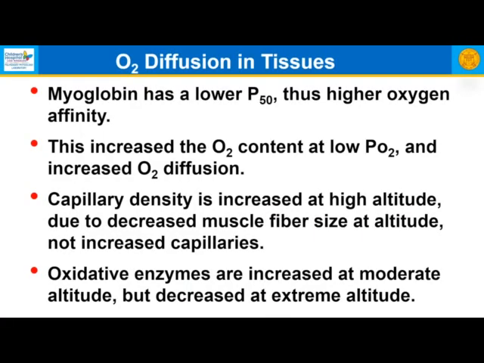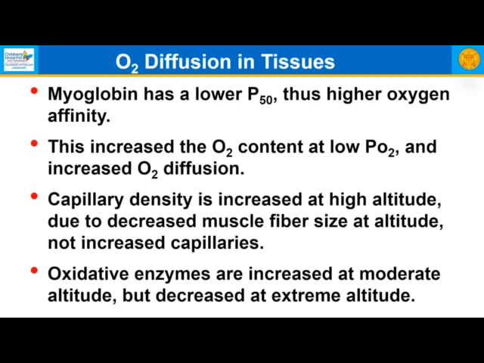So myoglobin has a lower P50, thus higher oxygen affinity. This increases O2 content at low PO2 and increases O2 diffusion. Capillary density is also increased at high altitude due to decreased muscle fiber size, not increased capillaries.